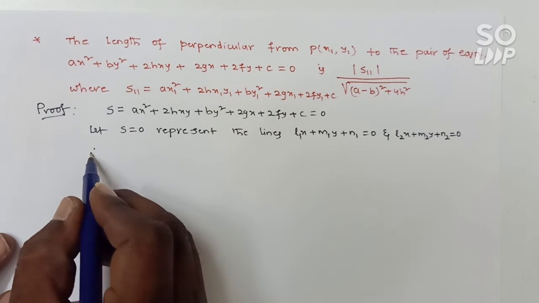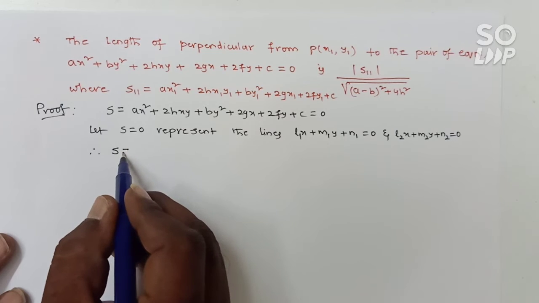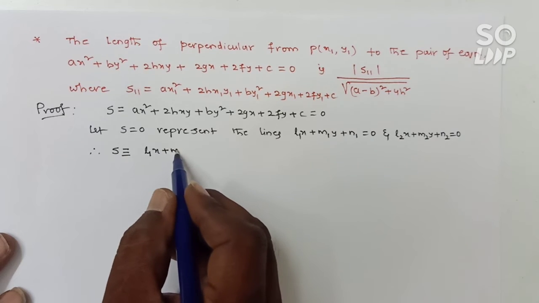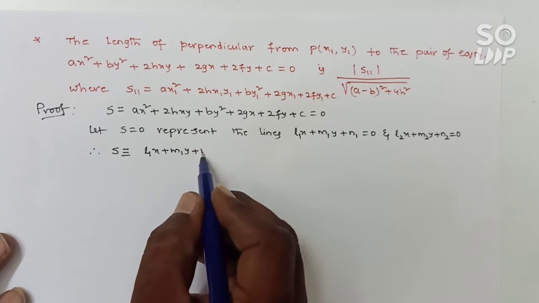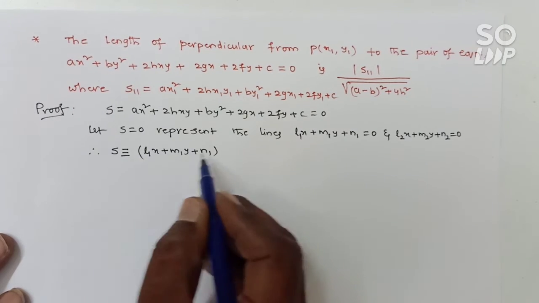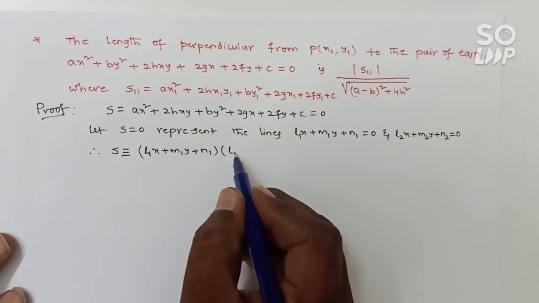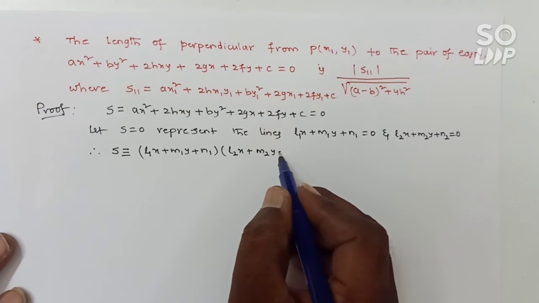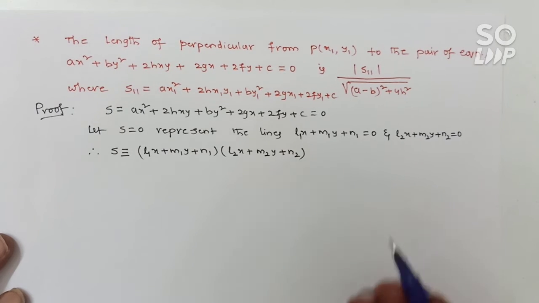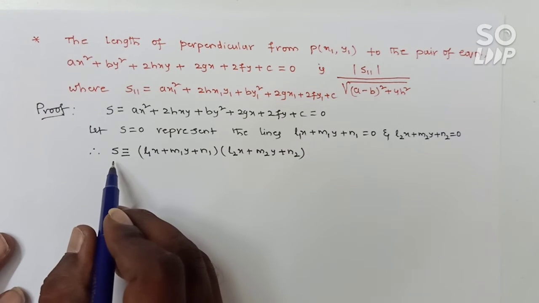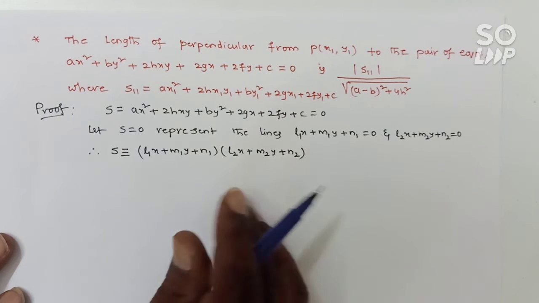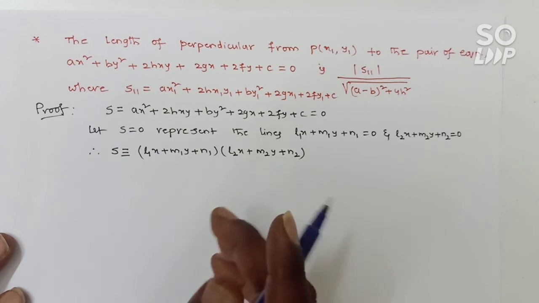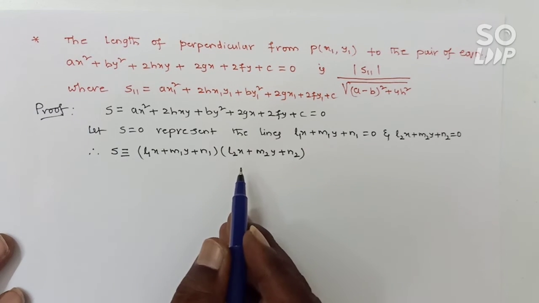So therefore you can write that S equals L1 into x plus m1 into y plus n1, into L2 into x plus m2 into y plus n2. So the LHS will be identically equal to the RHS, which means after multiplying these two factors, the corresponding coefficients will also be equal.